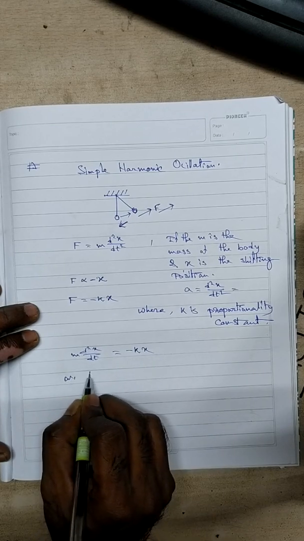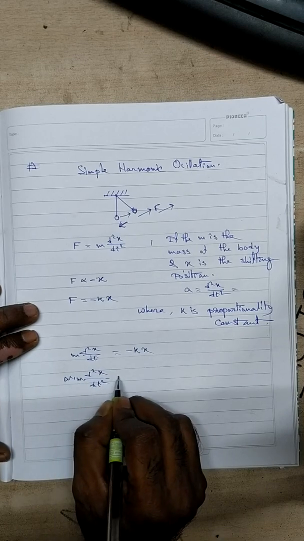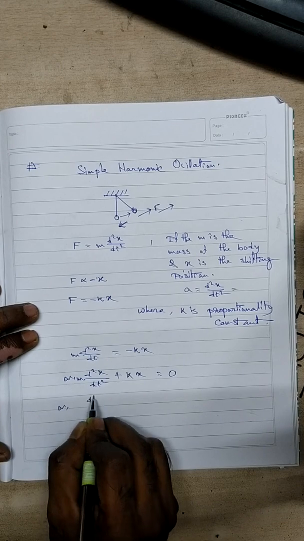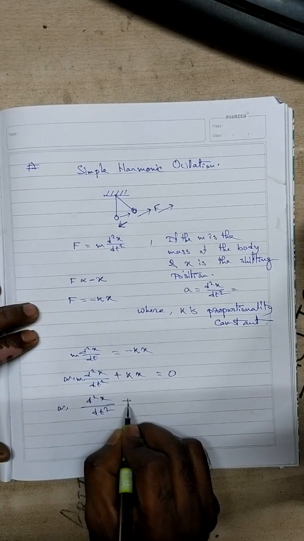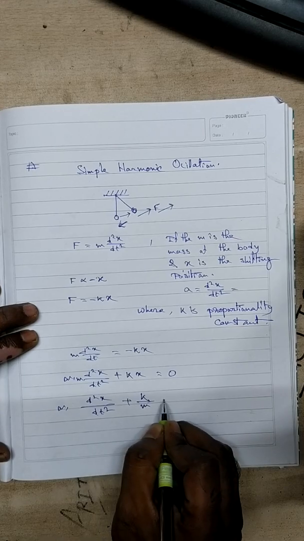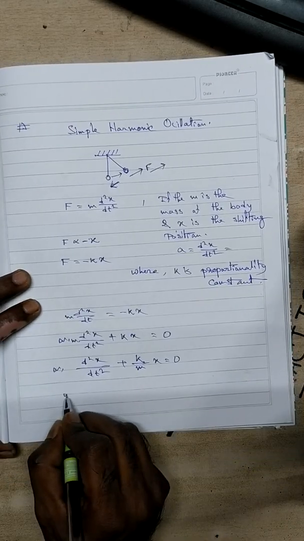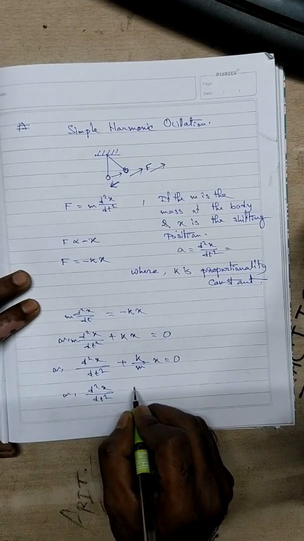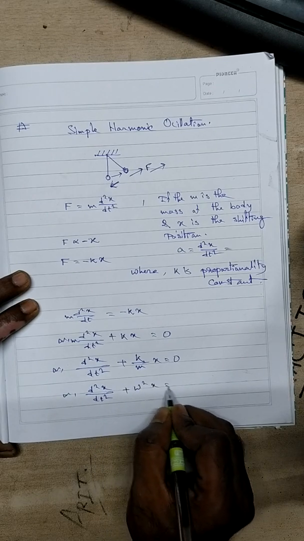So in equilibrium, m d2x by dt2 is equal to minus kx, or m d2x by dt2 plus kx equal to 0, or d2x by dt2 plus k by m x equal to 0, whereas d2x by dt2 plus omega square x equal to 0.